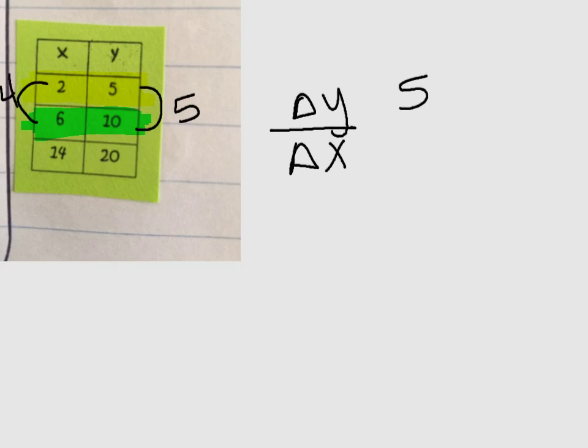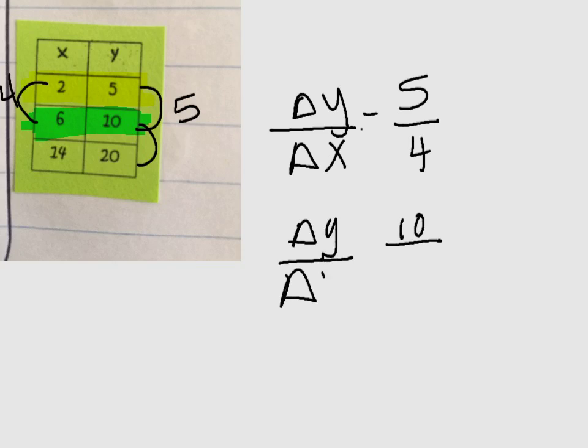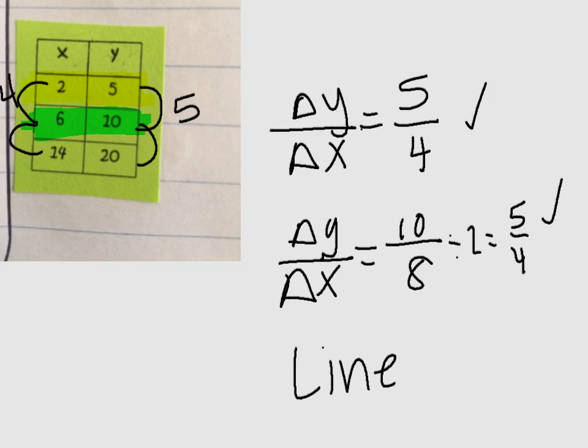Change in x is 4. Let's try the next one. Change in y is 20 minus 10. That's 10. Change in x is 14 minus 6. That's 8. They don't look the same yet, but if I simplify, I could divide the top and the bottom both by 2. That's 5 over 4. They are the same, which means this is linear.